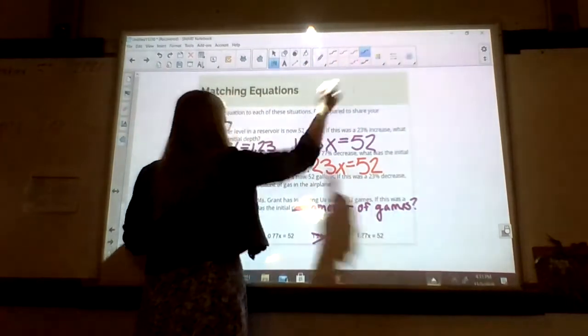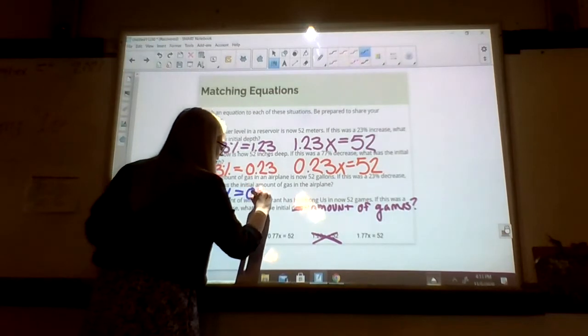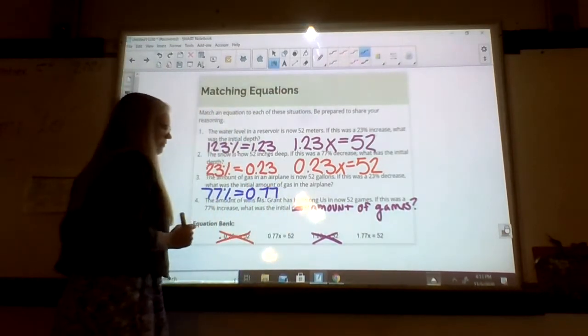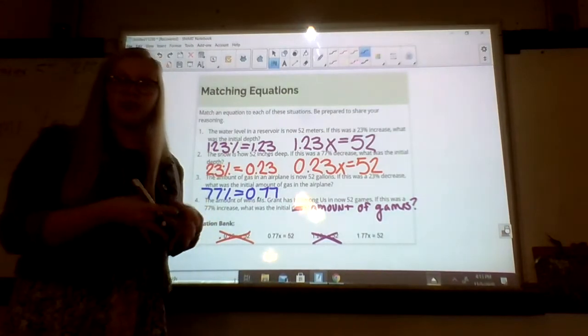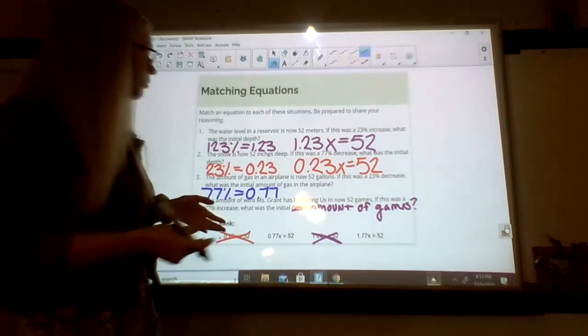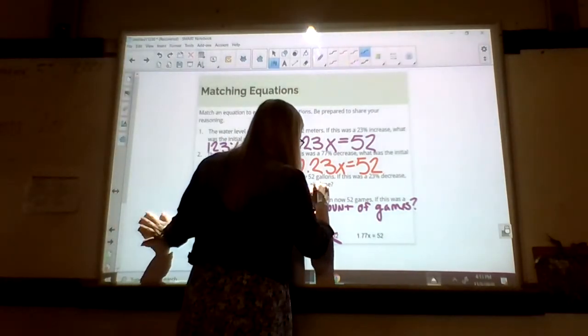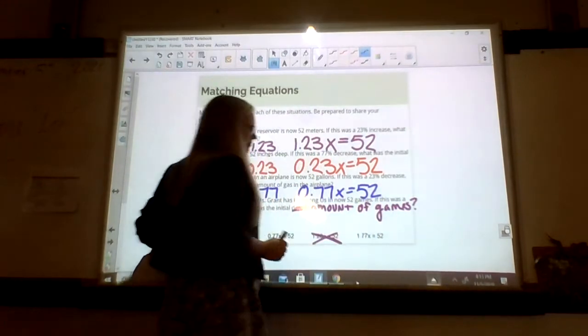Let's do blue. So this is going to give me 77%, which is 0.77. So I want to know 77% of the initial amount of gas in the airplane. So 0.77 x should equal 52.